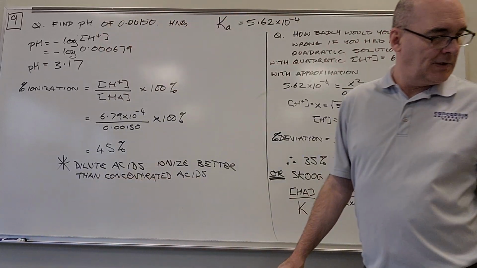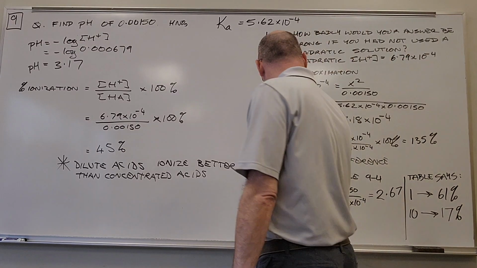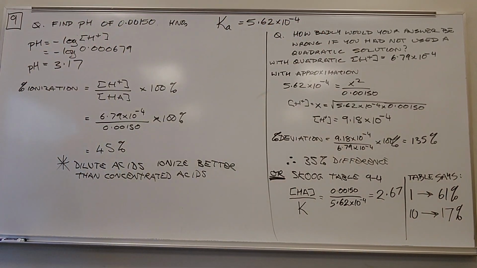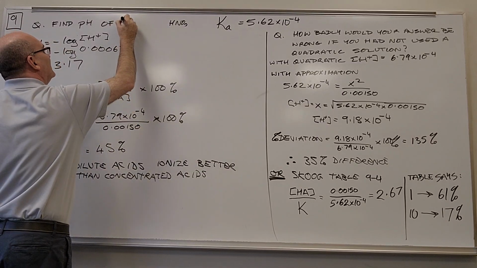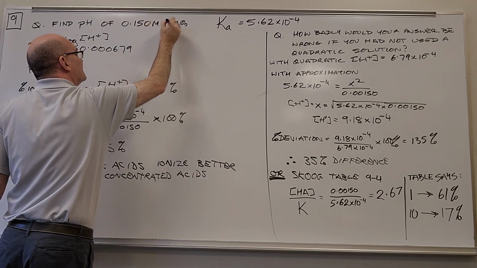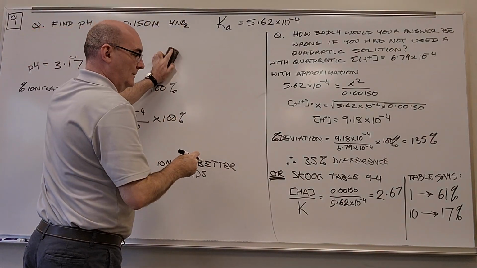Which concentration am I using? No, I'm going to go back to the original one. I'll show you what's coming next. Going back to the 0.150 moles per liter nitrous acid.